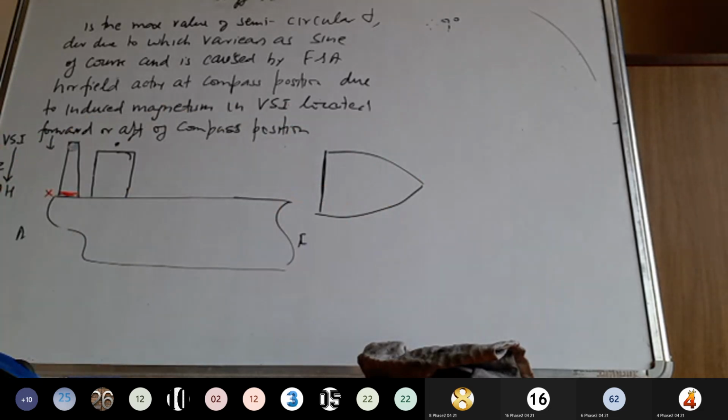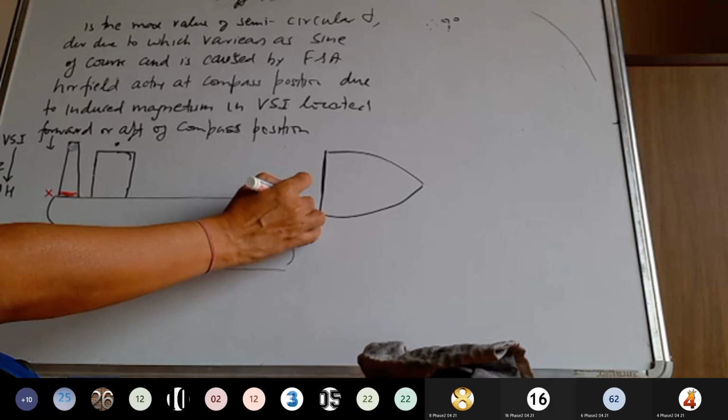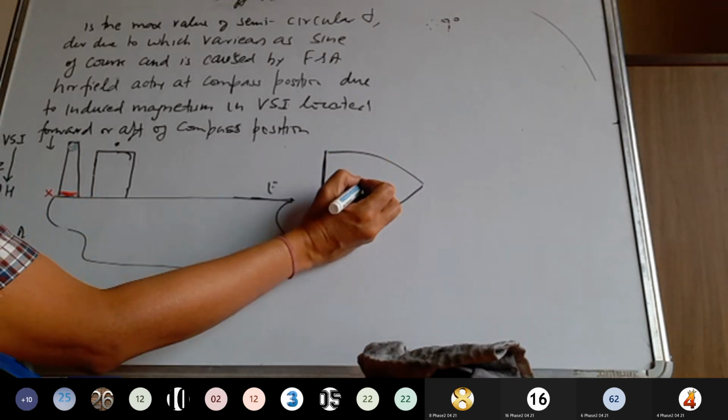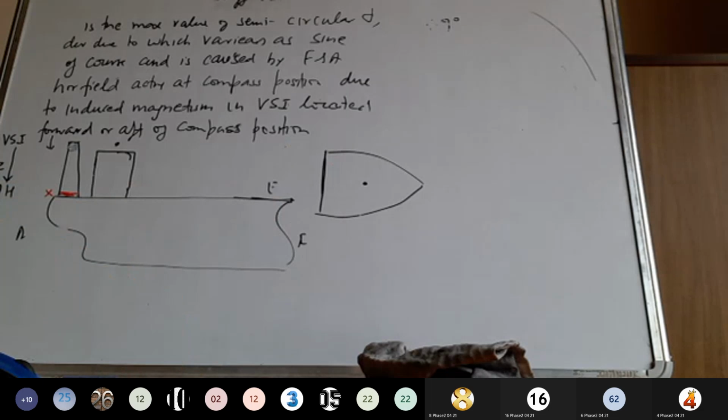Let us say the vessel is heading in the easterly direction, so the course of the vessel is easterly. Here also easterly. We have the compass position here, and behind the compass we have a blue pole.